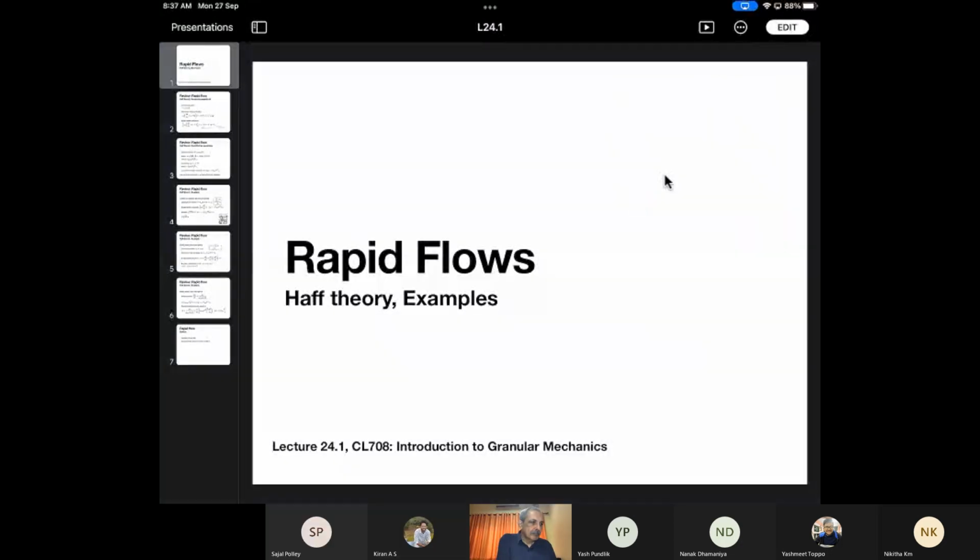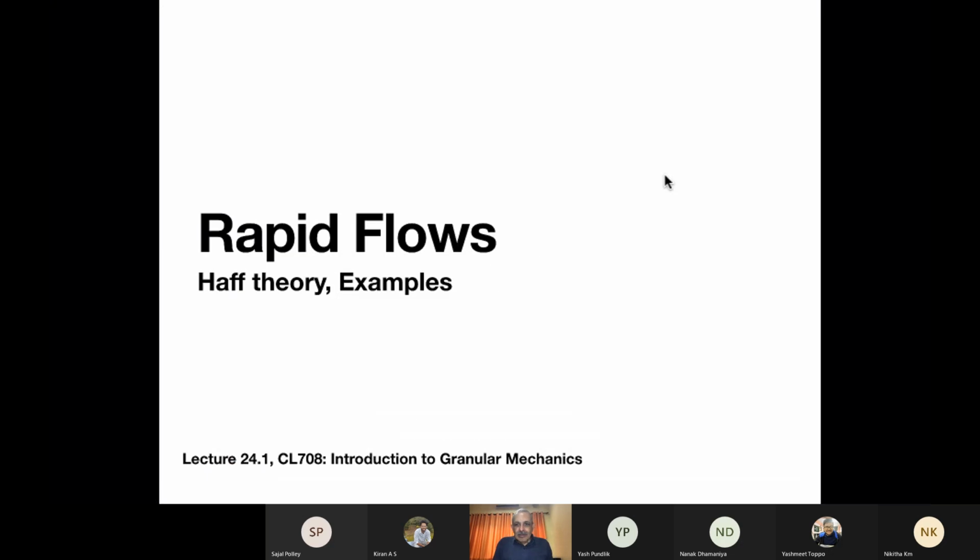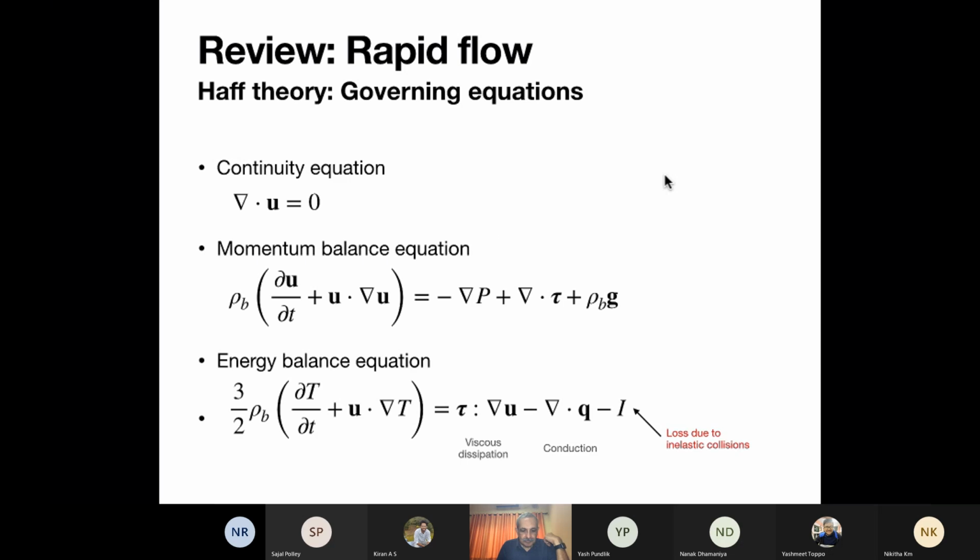Let's see if this works. Okay, so this is what we were doing. I told you about a very simple theory which helps us to calculate some things about rapid flows.